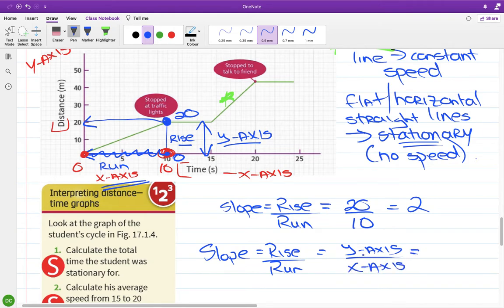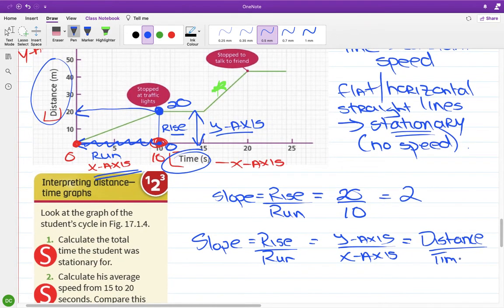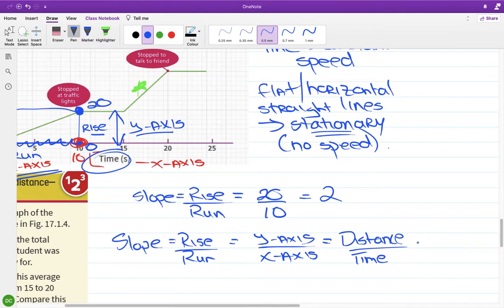The y-axis in this graph is distance, and the x-axis in this graph is time. And what's distance over time equal to?